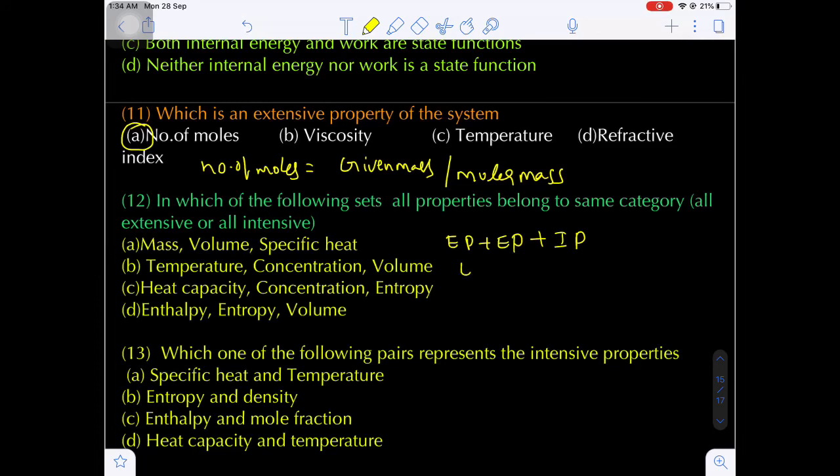Temperature is an intensive property, concentration is also intensive, but volume is extensive. Option 3, heat capacity is extensive, concentration is intensive, and entropy is extensive. Whereas in the fourth option, enthalpy is extensive, entropy is also extensive, volume is also extensive. So the final answer will be option D.